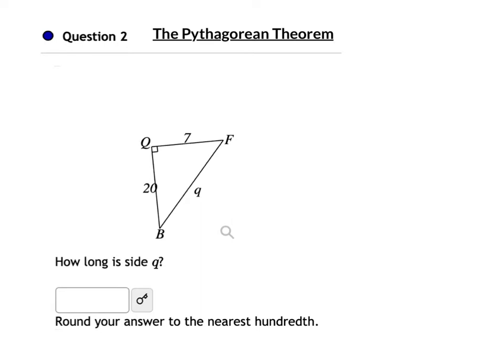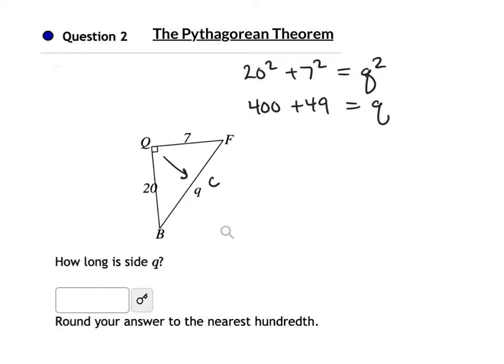Here we're going to find q, which is the hypotenuse. This is our c. So we know that 20 squared plus 7 squared is equal to q squared. 400 plus 49 is equal to q squared, or 449 is q squared.